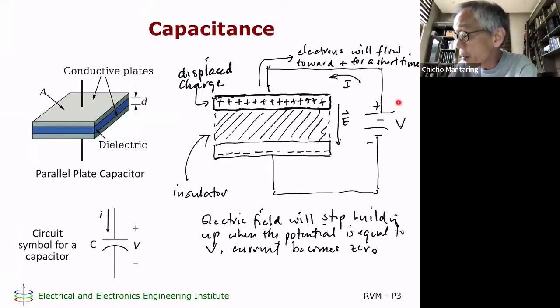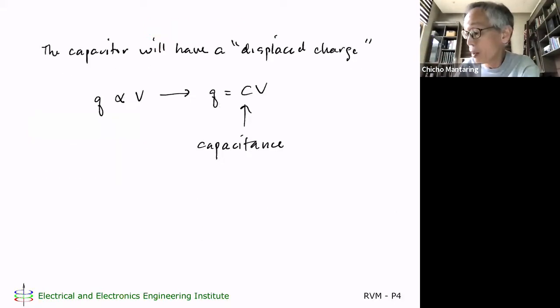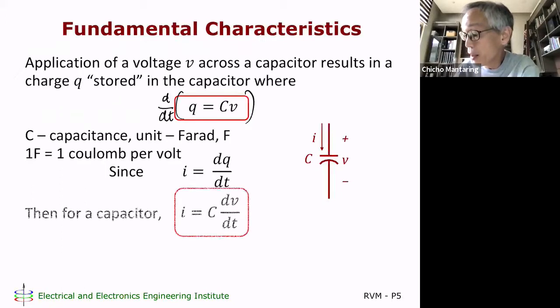This is DC. At steady state, you don't have any current flowing. It is only the instant that you connect the battery that current will flow, and that is to establish the electric field. But at steady state, you don't have any current flowing. So that is the implication of this formula.